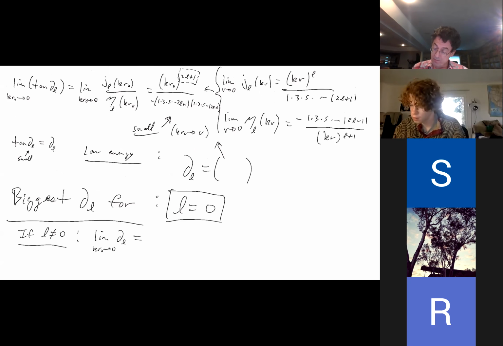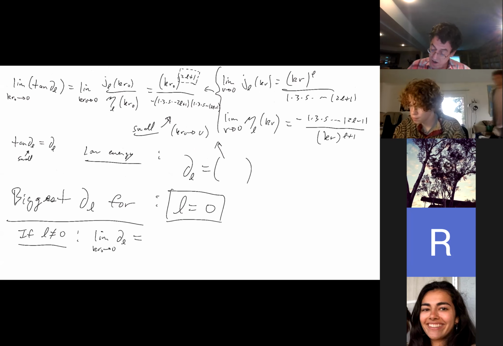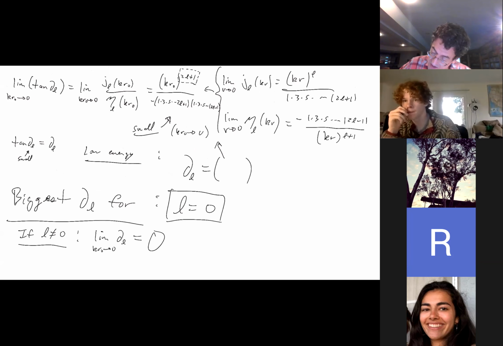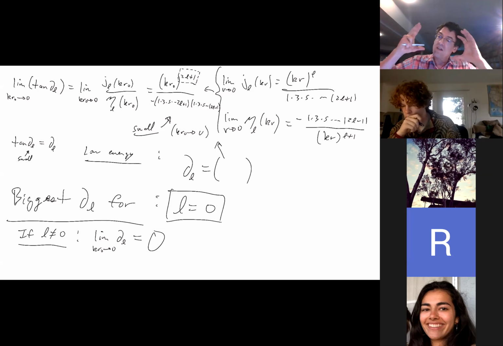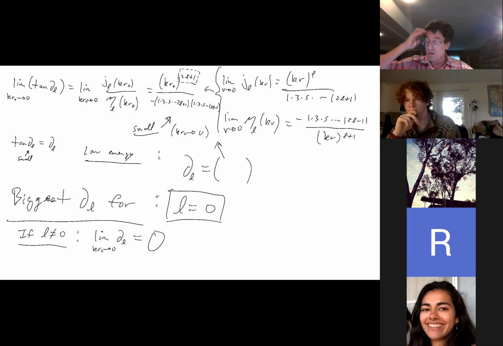What's the limit? Someone tell me. 0. Right. Because I have kr naught to the 2L plus 1. So if L is not 0, I have something to the exponent 2L, and that something goes to 0, so it goes to 0.